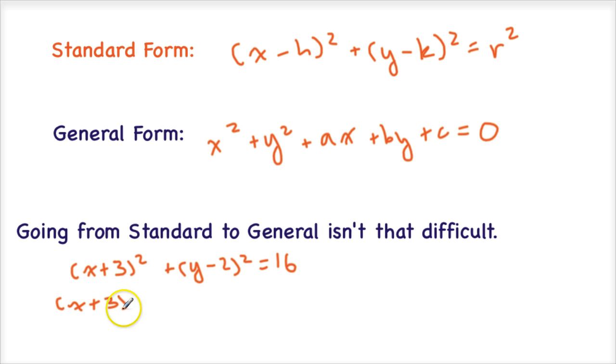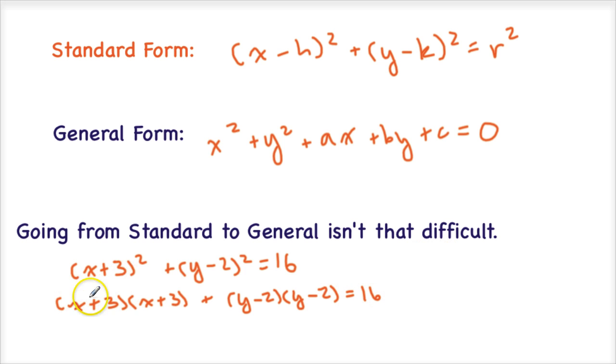So it would be (x + 3)(x + 3), right? Because that's the definition of (x + 3)². It's this term times itself. Then I have plus (y − 2)(y − 2) equals 16.